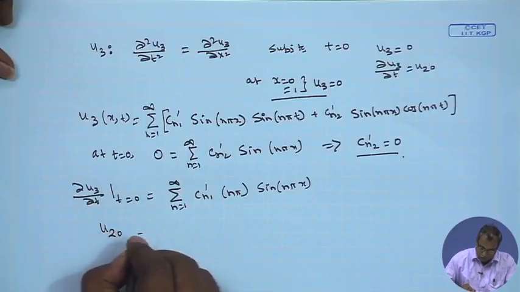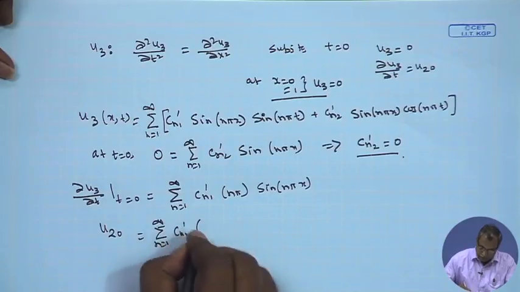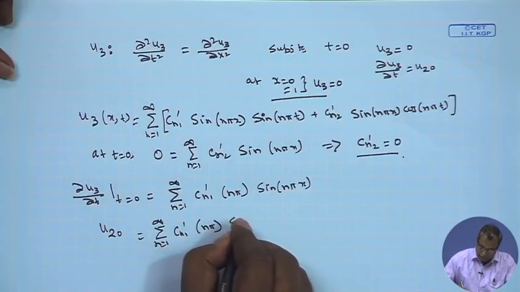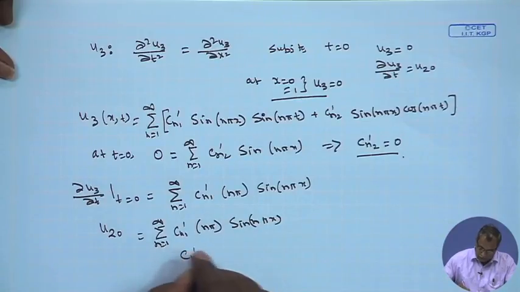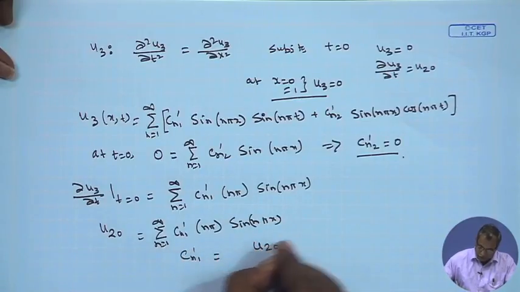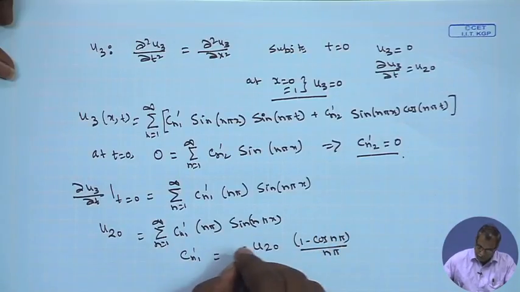So, I will be having u 2 naught summation n is equal to 1 to infinity c n 1 prime n pi sin n pi x, and I can evaluate c n 1 prime as u 2 naught times 1 minus cosine n pi divided by n pi, and there will be 2 over here and it will be n pi.